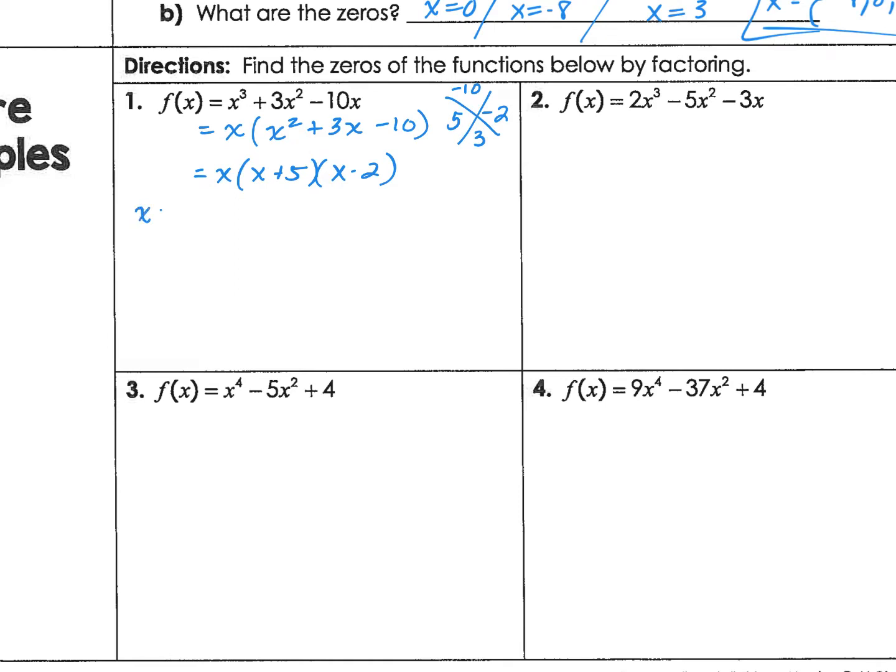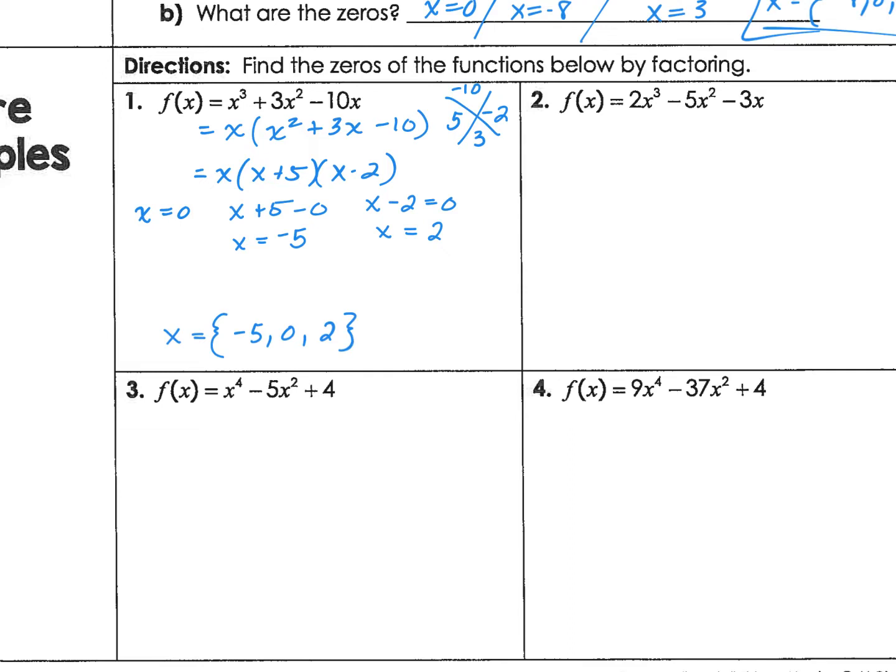Okay, so x equals 0, x plus 5 equals 0, and x minus 2 equals 0. So this becomes x equals negative 5 and x equals positive 2. So if I want the zeros, my 3 zeros are going to be what? Negative 5, 0, and 2. Yep.